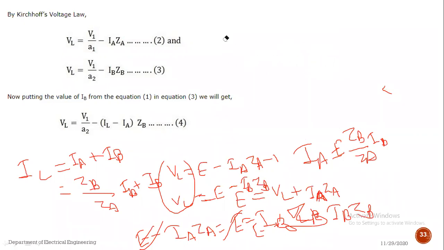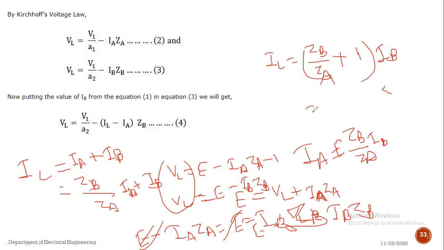So if we take IB common, IL equals ZB divided by ZA plus 1, into IB. Okay, see, just do the cross multiplication of this.